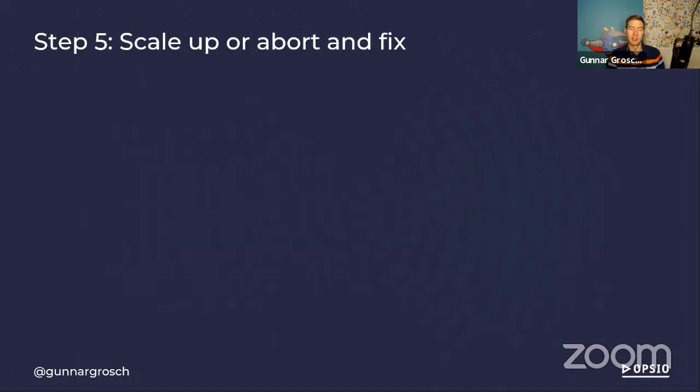Next step then is to decide what's next. So we use the learnings from our experiment to improve. We can improve both the system and improve the way the organization handles the failures perhaps that was caused. We get bug reports, we create action items and so on based on the findings from our experiment.